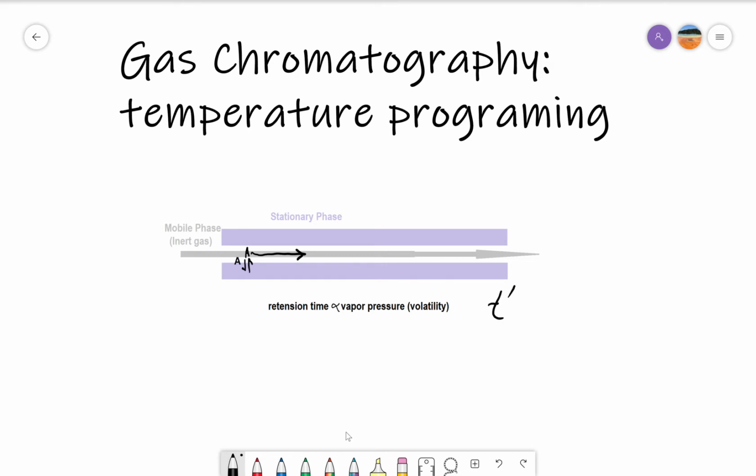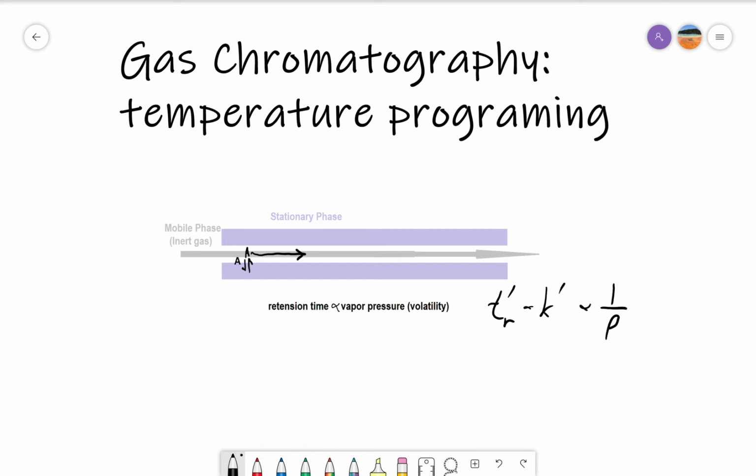This means that the adjusted retention time or the partition ratio is actually going to be inversely proportional to the vapor pressure. Remember that the retention time is how much affinity it has for the stationary phase. So as we increase the vapor pressure, then we decrease the retention time.